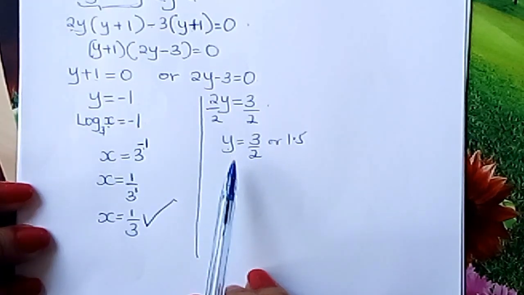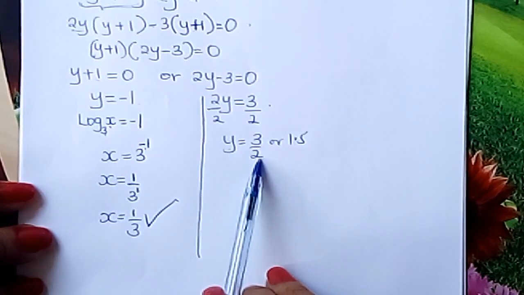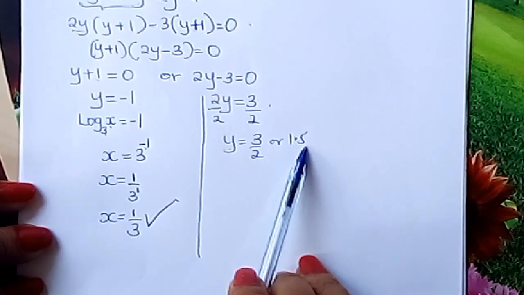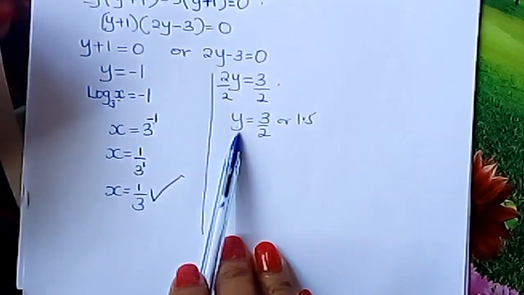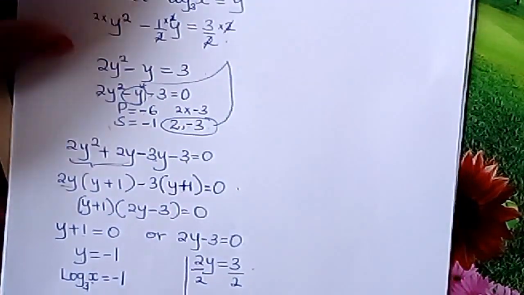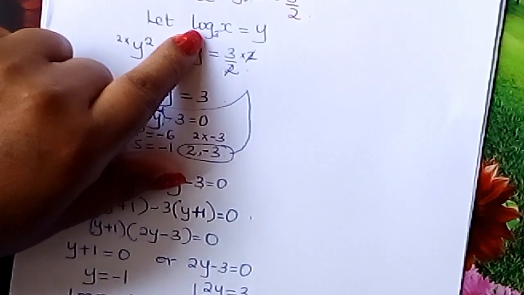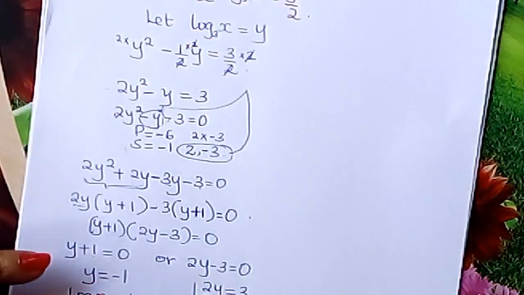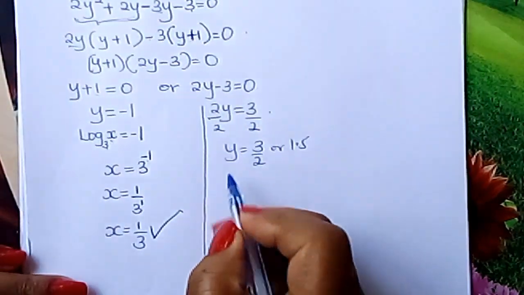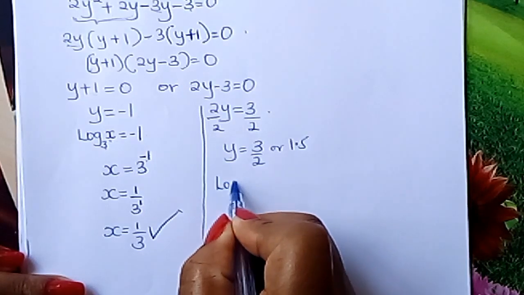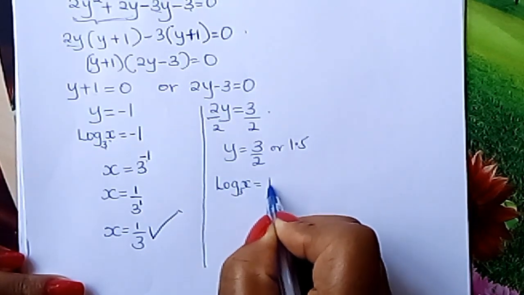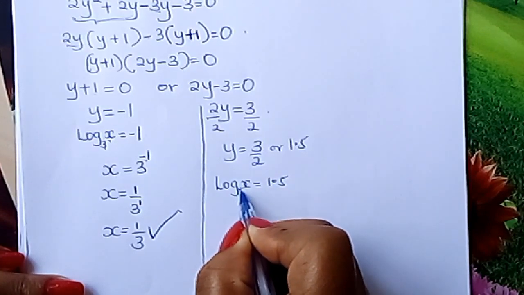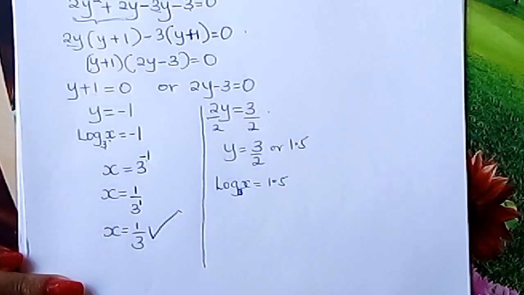But y, learner, was what? Our y was log x to base 3. So you write log of x to base 3 is equal to 1.5 or 3 over 2.